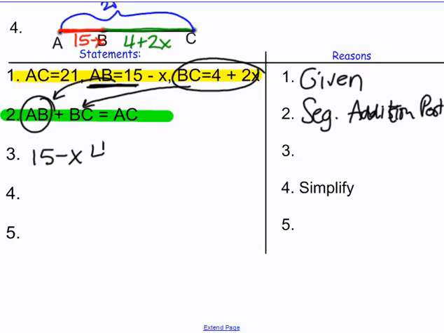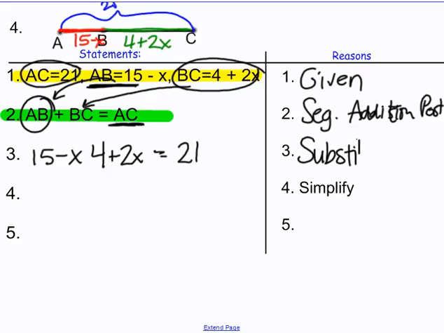So that's going to be 4 plus 2x. And then I have AC, needs to go in here. So that's 21. So what did I do in that step? I substituted. So all that's just substituted.